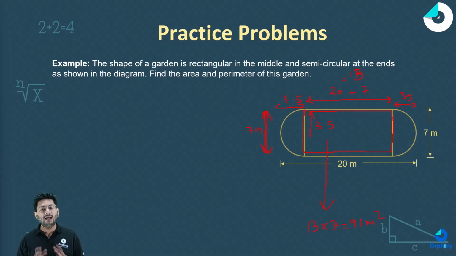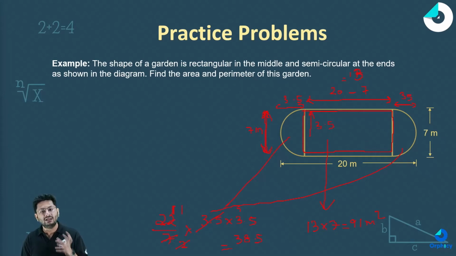Absolutely correct. Now rather than finding the area of two separate semicircles, I would rather find the area of one circle, because 2 semicircles is equal to 1 circle, right? So the area of one circle should give me 22/7, that is pi, into r, which is 3.5, into 3.5. This gets cancelled by 2 and this by 11. The cancellation follows like this. So 11 into 5 is 55, 11 into 3 is 33, plus 5, 38.5.